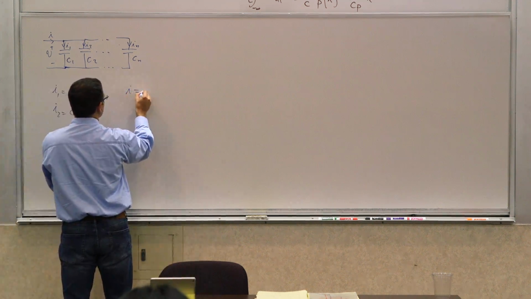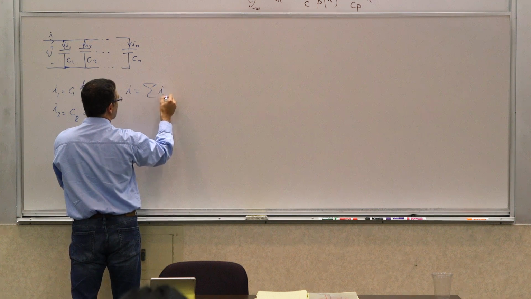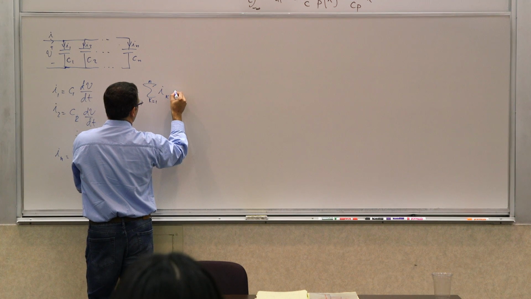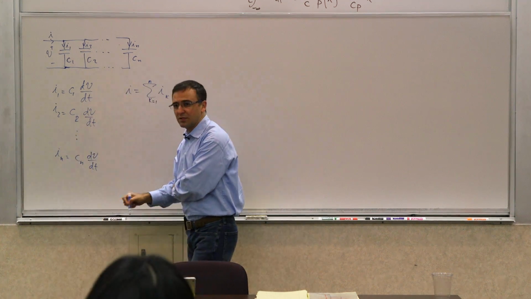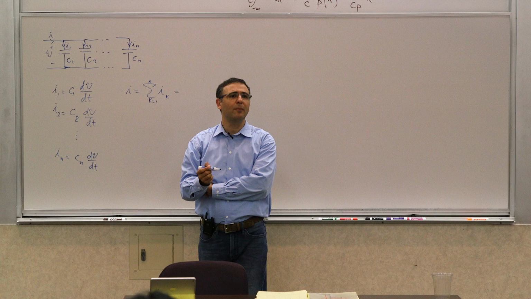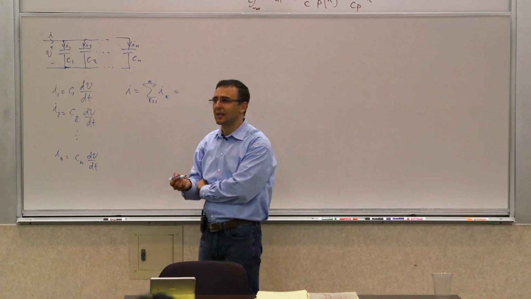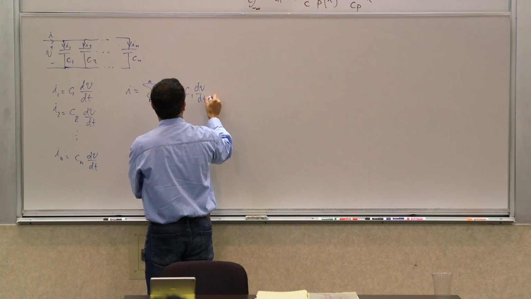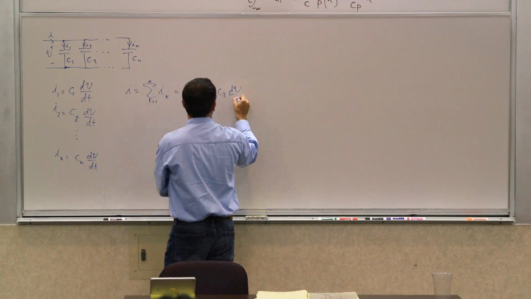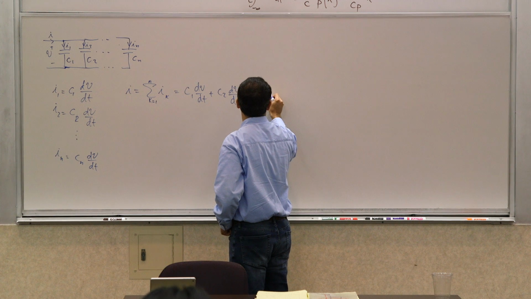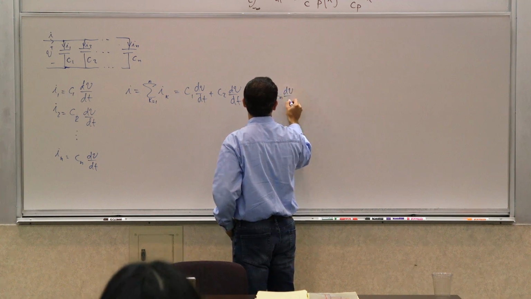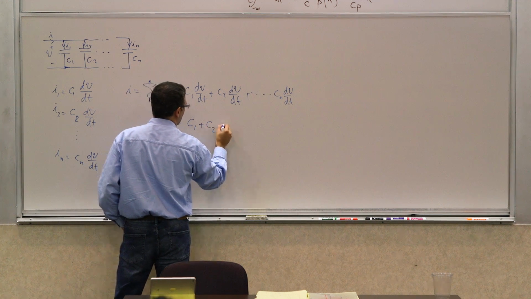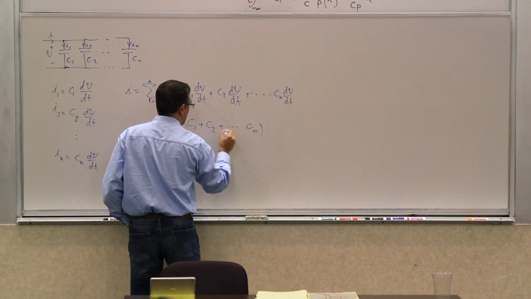So the total current, which is the sum of all the currents, is going to be the sum of all these terms. But you can see that dV dt is common to all of them, right? So you can factor that out. So what you get is basically C1 dV dt plus C2 dV dt all the way to Cn dV dt. And that is equal to C1 plus C2 all the way to Cn, times dV dt.